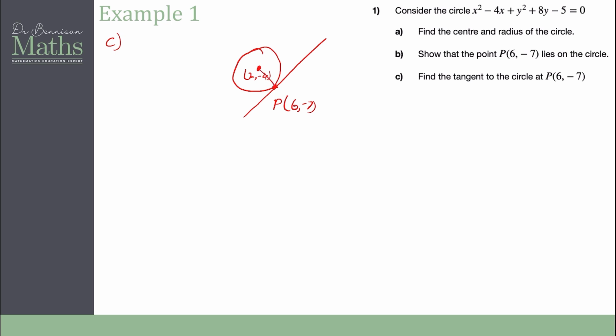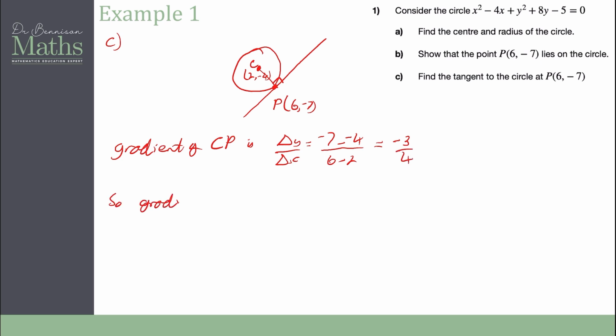So we're going to use our circle theorem property to say if I find the gradient of the line CP, I can find the gradient of my tangent. So the gradient of CP is change in y over change in x. So -7 minus -4 all over 6 take away 2. So -3/4.